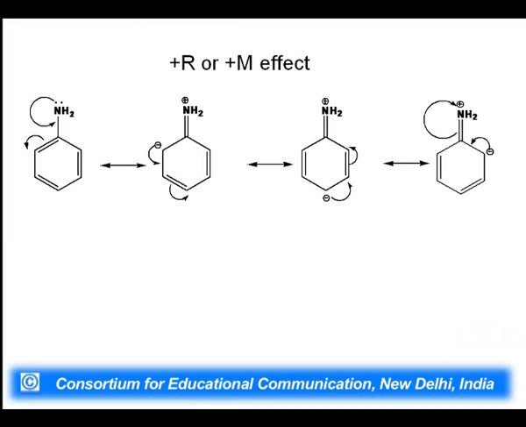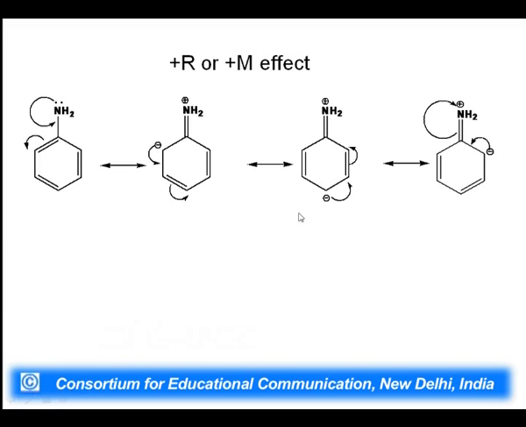Moving on, next we move to another example of plus R and plus M, which is aniline. You can see on the slide that I have made the resonating structures of aniline. What I am trying to suggest is that again in aniline, the NH2 group, because of the lone pair of electrons, is a plus R group and it is generating minus charges on the ortho and para positions.